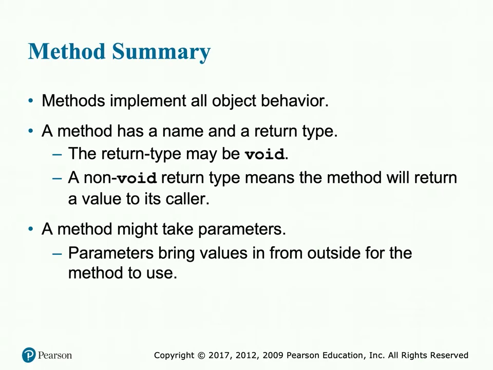The method header tells us information about what the method is named, what the method will return, and what information the method needs to perform its task, as well as its access modifier. And the method body is the series of lines of code that actually does the work.